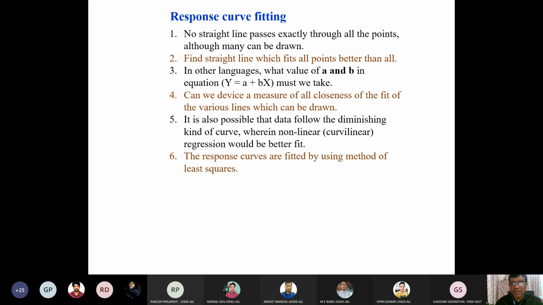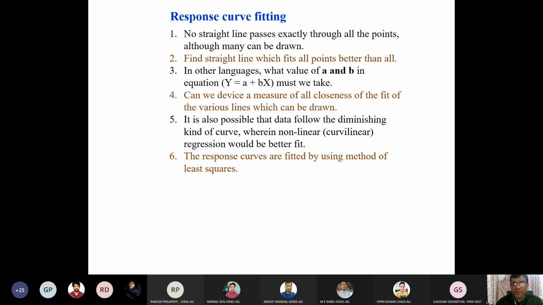Can we devise a measure of closeness of the fit of the various lines which can be drawn? I will explain to you, don't worry. It is also possible that data follows a diminishing kind of curve, wherein non-linear regression would be a better fit. So we need to see what kind of line we can fit for this data.